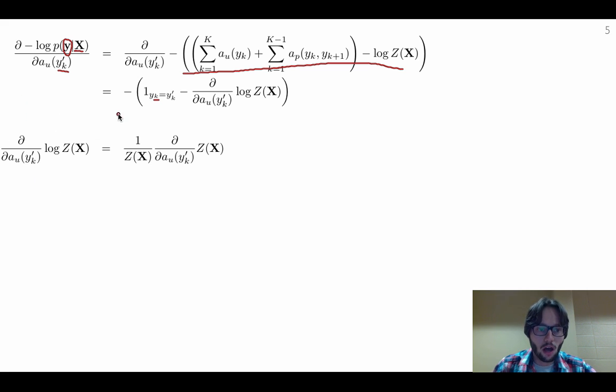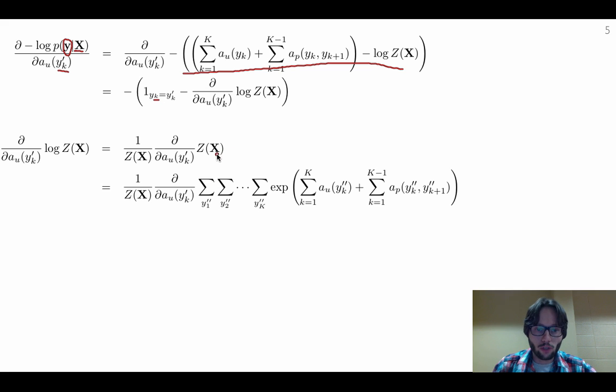The derivative of the log is just 1 over Z times the derivative of whatever we're taking the logarithm of. Now here I'm just writing the expression for the partition function. Because I've used the symbol y'_k, I'll use instead y'' for referring to the sequence over which I'm taking the sum here, the nested sum.